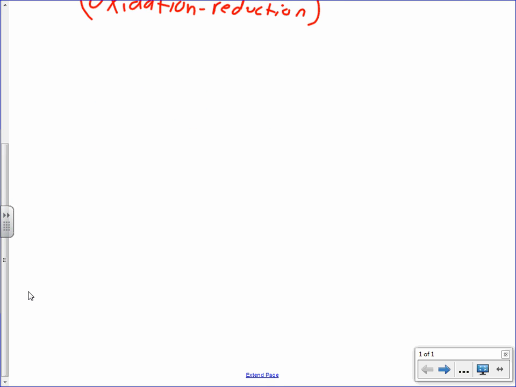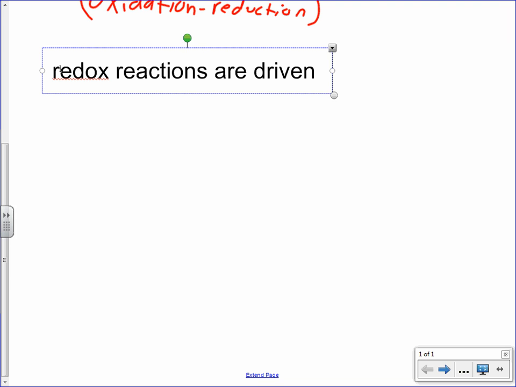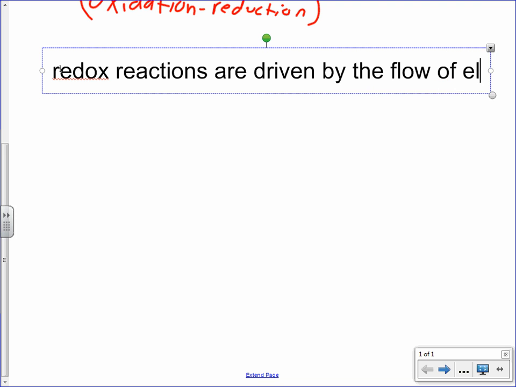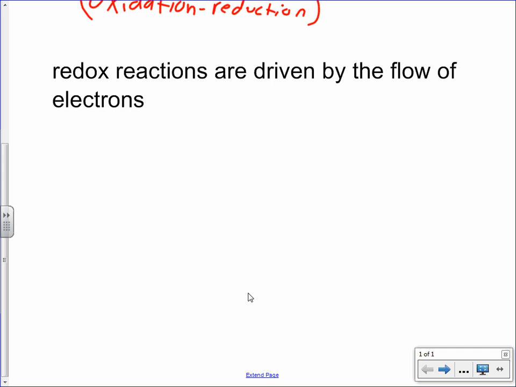So, redox reactions are driven by the flow of electrons. Okay? And what I mean by that is, let's say I have a sodium atom and we have chlorine. Alright?